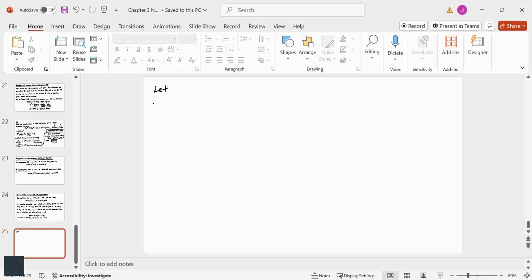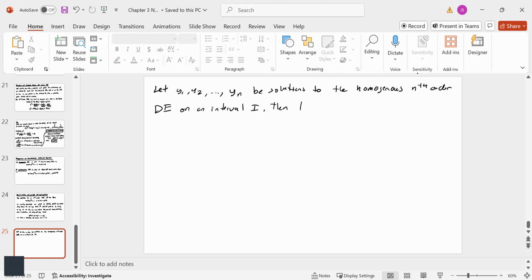So let y1, y2, dot dot dot, yn, and I'll use n because n is fine, be solutions to the homogeneous, we're going to do homogeneous only right now, homogeneous nth order differential equation on an interval I, then the sum of the solutions is also a solution.